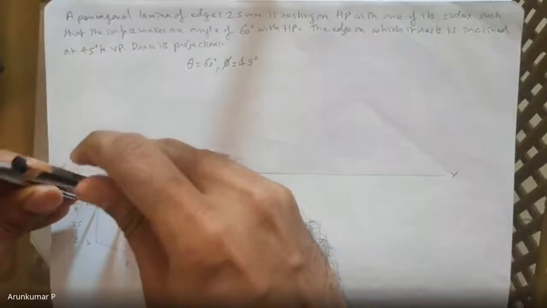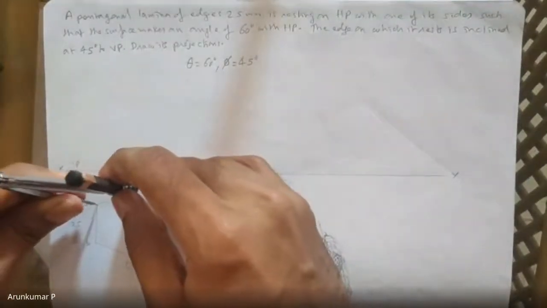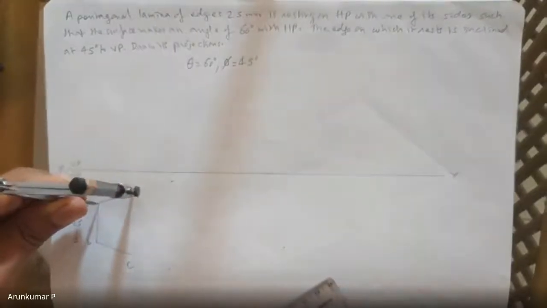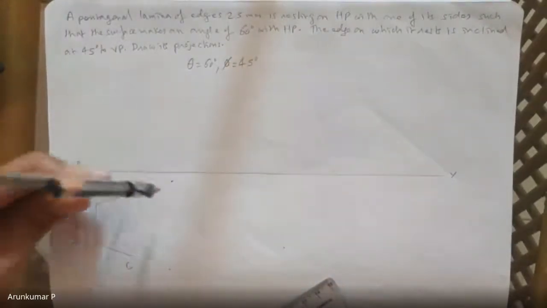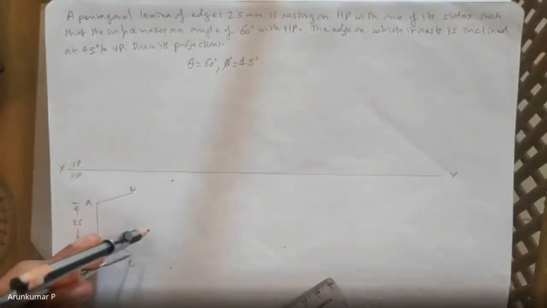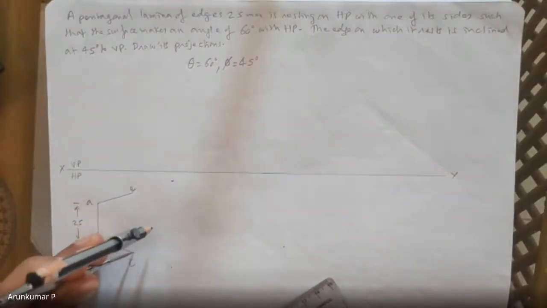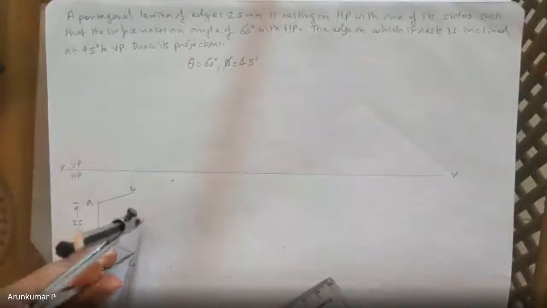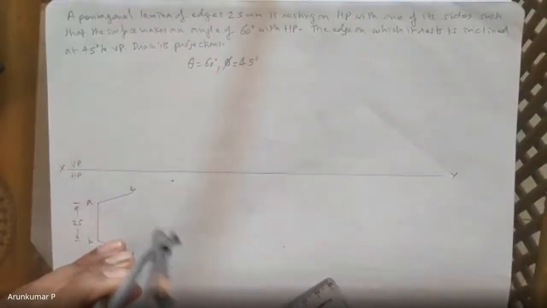So you can measure this distance 25 mm with your rounder. Measure 25 mm with your rounder with E as center or with C as center. It is up to you. Doesn't matter. So with C as center, you draw an arc here.